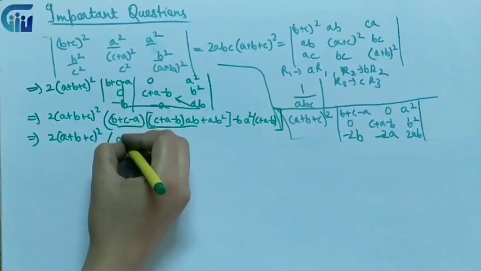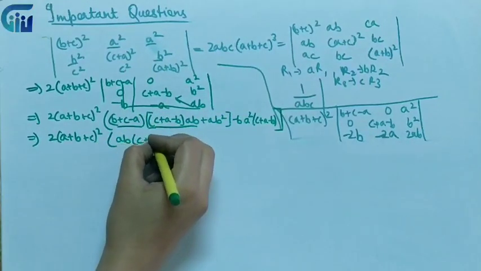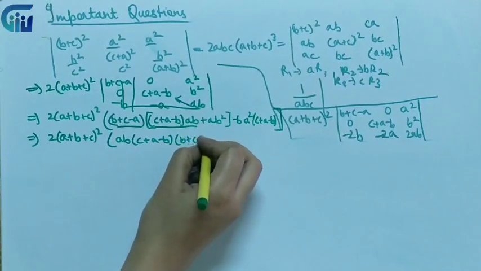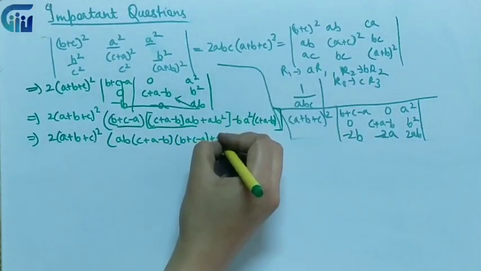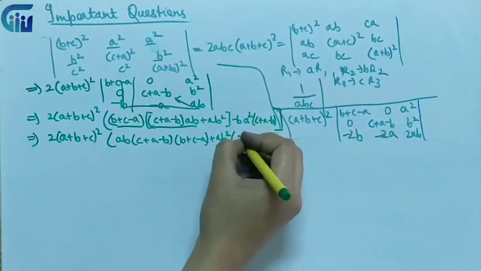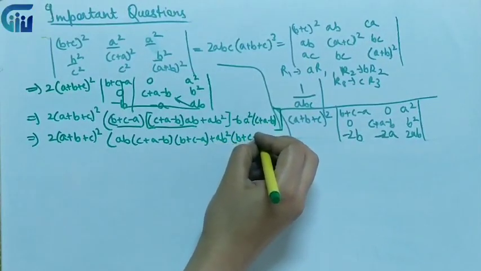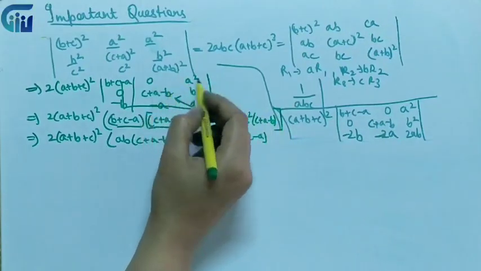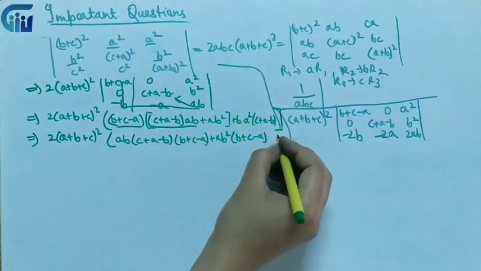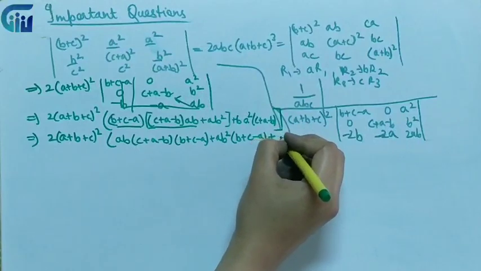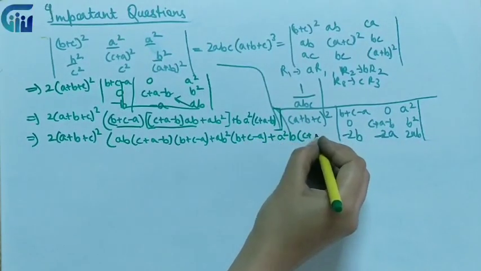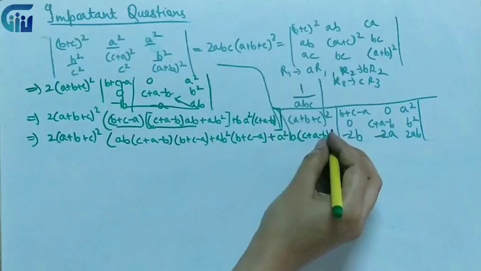So we will write it as AB times C plus A minus B multiplied with B plus C minus A, as well as AB square multiplied with B plus C minus A, and this was minus this minus this, so this will be plus A square B multiplied with C plus A minus B, this whole expression.